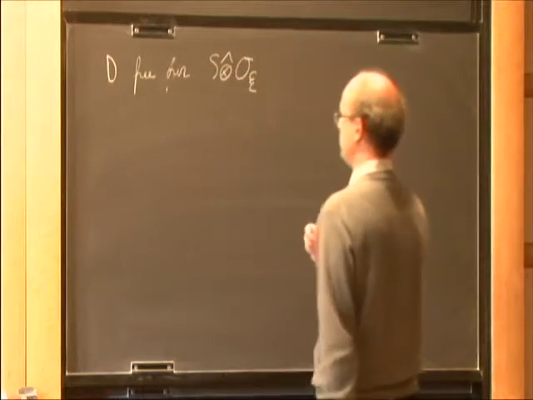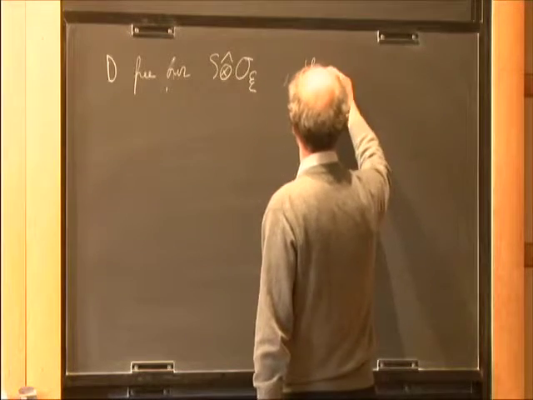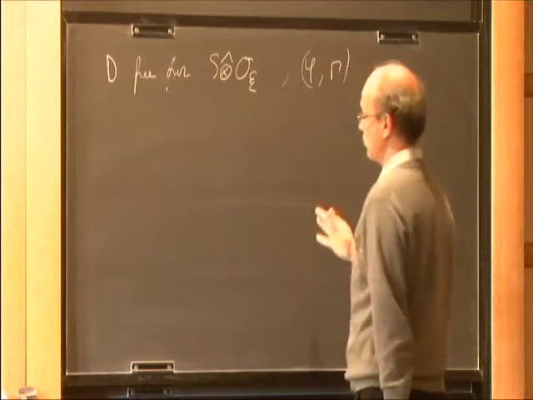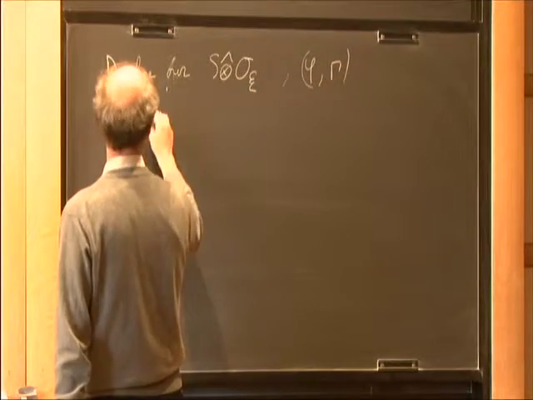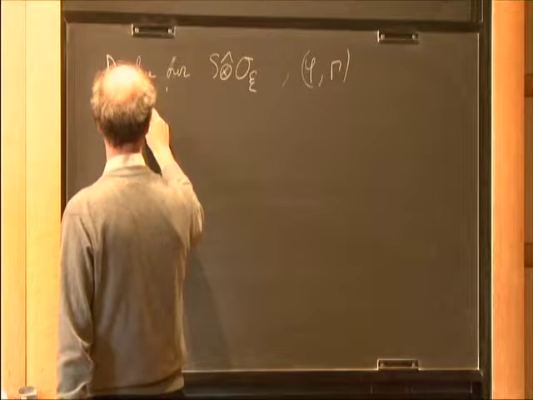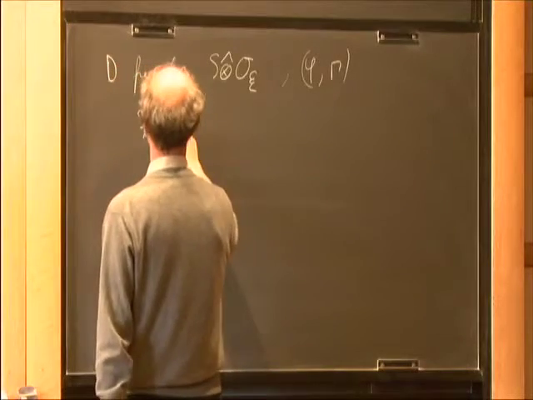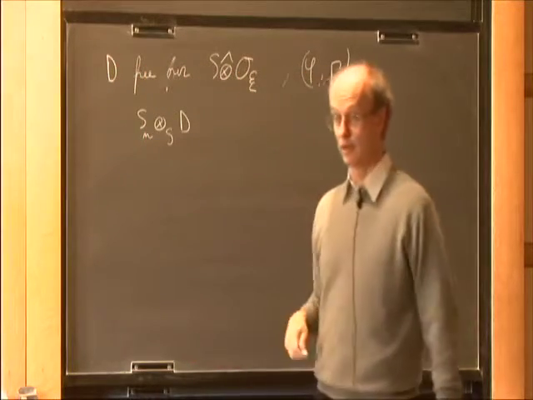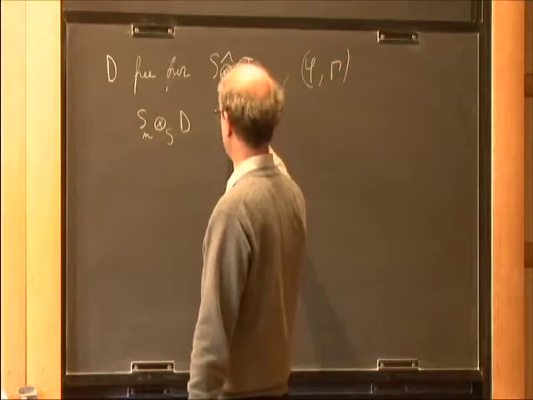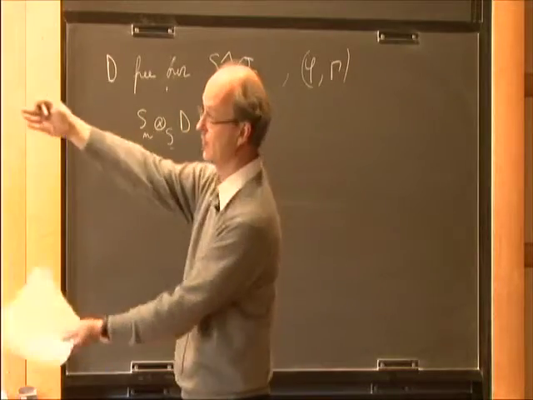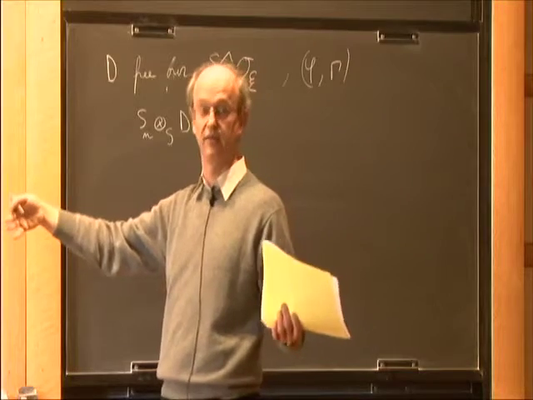So I start from D free over S tensor OE, so with a phi and a gamma. And so what I mean by étale, so I just want that when you extend scalars to Sn, so if you look at Sn tensor over S of D, then you get an Sn tensor OE module of finite length, but because Sn is of finite length over OL, then you just get also an étale phi gamma module.